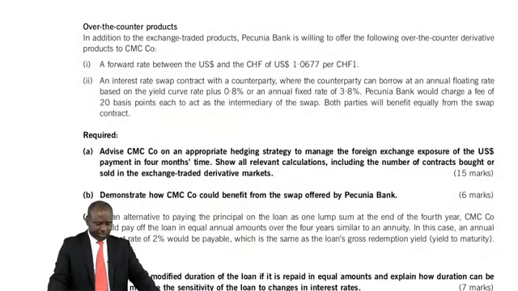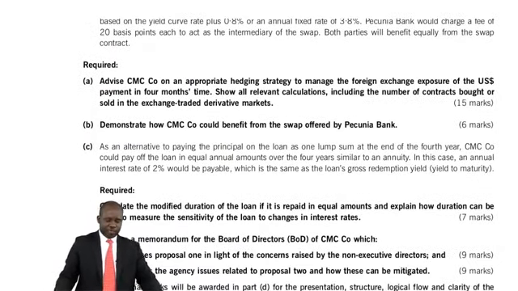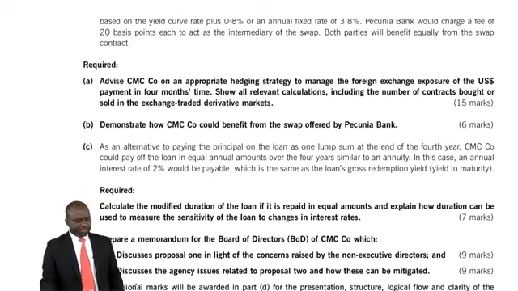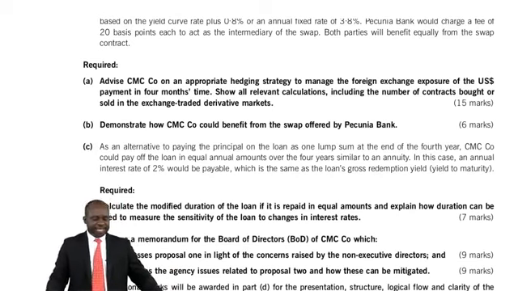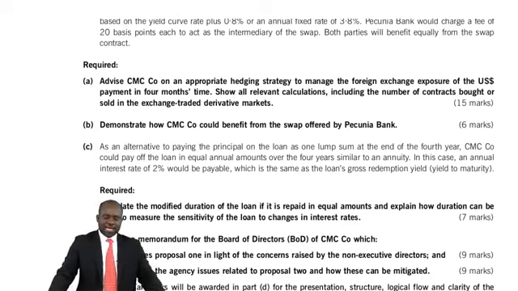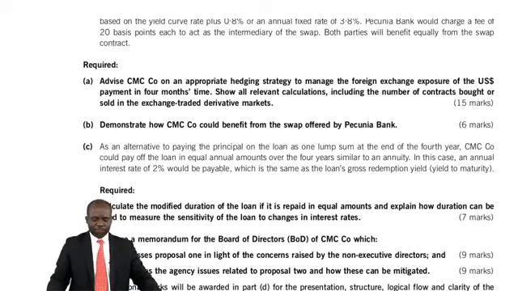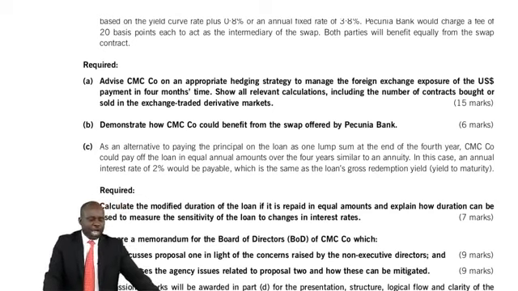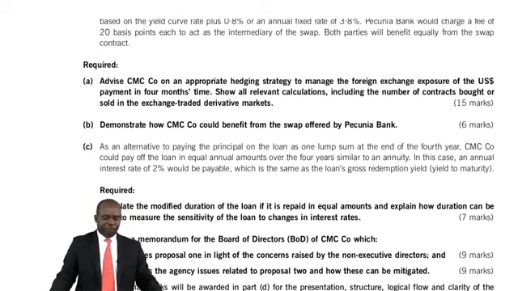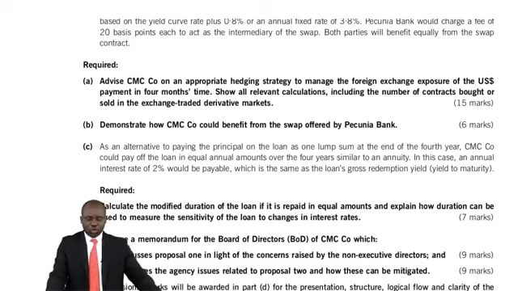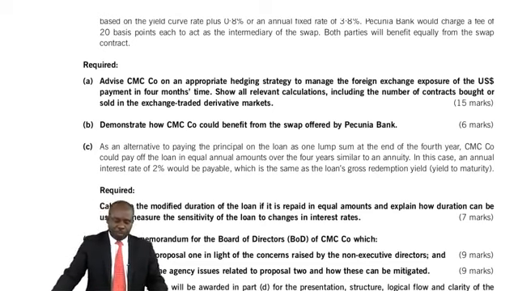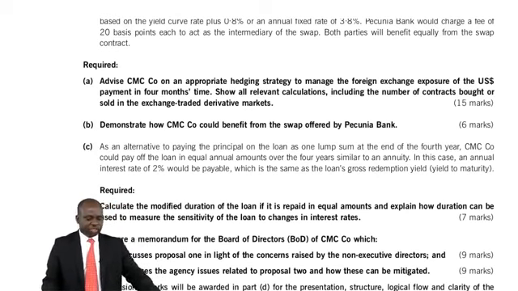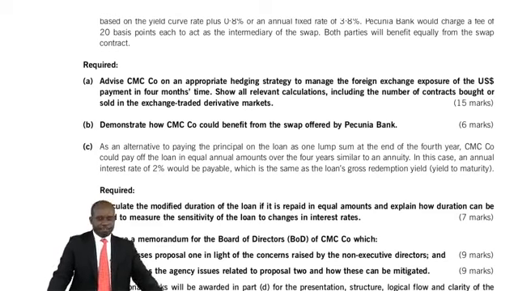I read the requirement, we analyze it, and then we move from there. Required: A. Advise CMC Co on an appropriate hedging strategy to manage the foreign exchange exposure of the US dollar payment in 4 months' time. Show all relevant calculations, including the number of contracts bought or sold in the exchange traded derivative market. 15 marks.